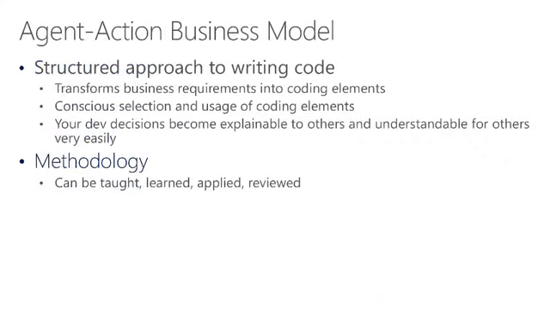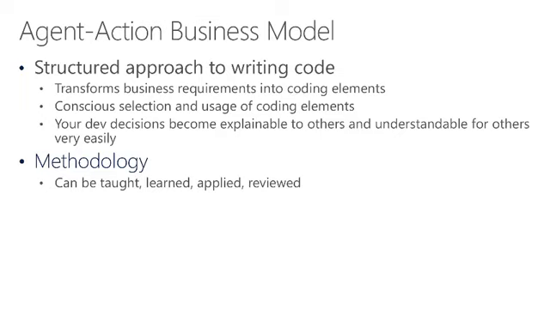So this is what I'm talking about when we talk about the agent action business model. It's a structured approach to writing code where we transform business requirements into coding elements, which means that you take a business requirement, and everybody that works with product development or even custom client implementations will have some sort of methodology where you have a list of things that you work on, and those are called business requirements.